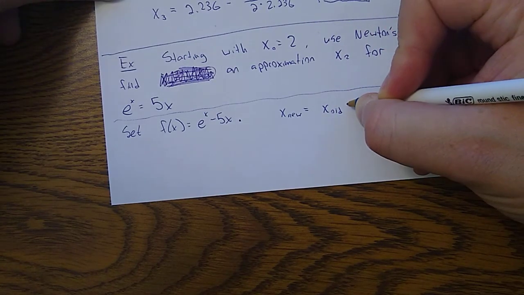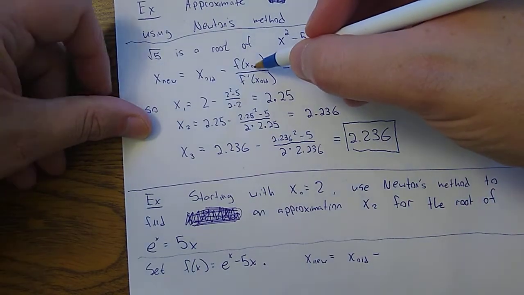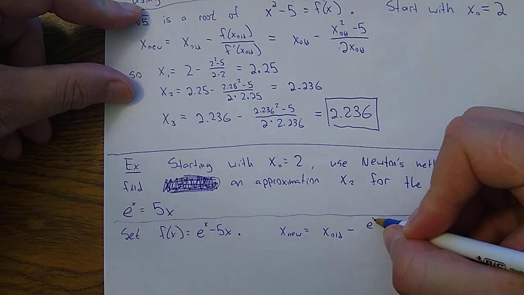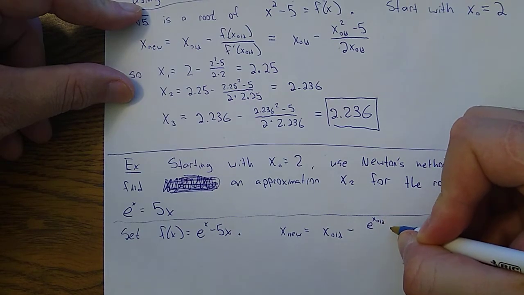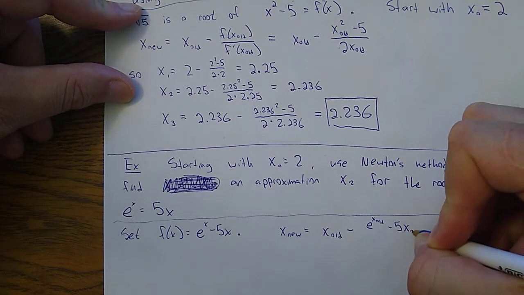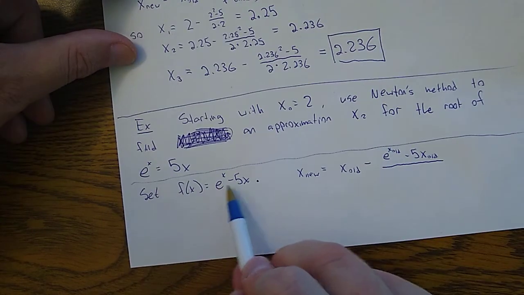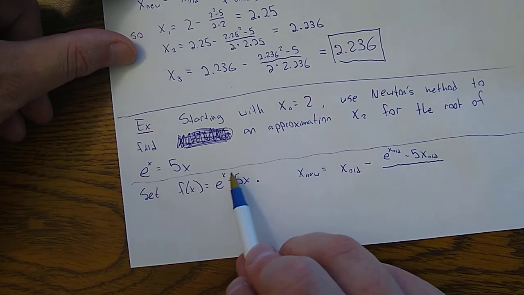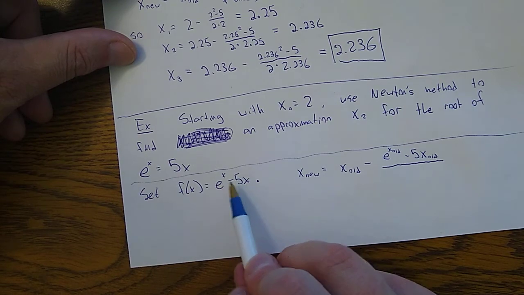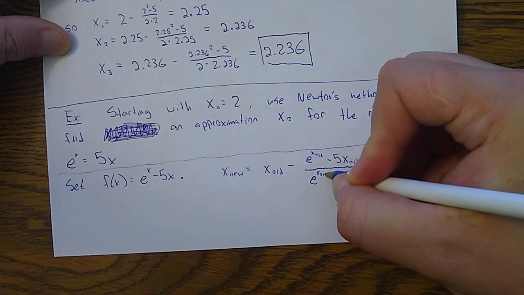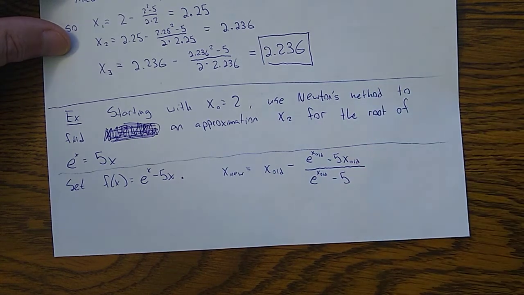x sub new is going to equal x sub old minus, okay, I'm using this formula. So f of x sub old, that would be e to the x old minus 5x old. I would divide that by f prime of x old. f prime would just be e to the x minus 5, so e to the x old minus 5.